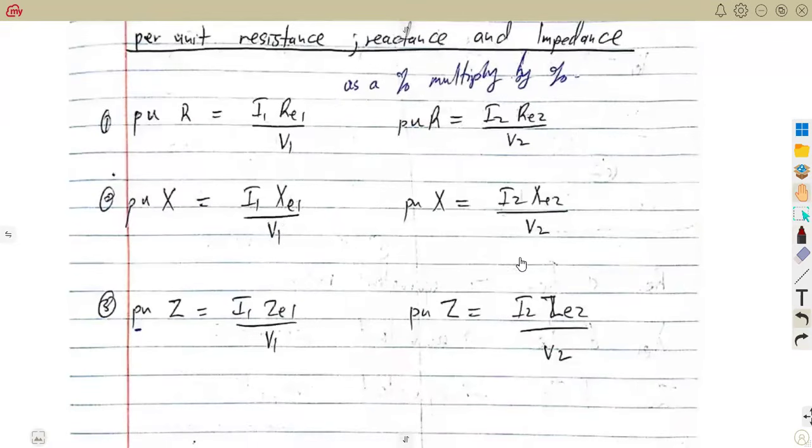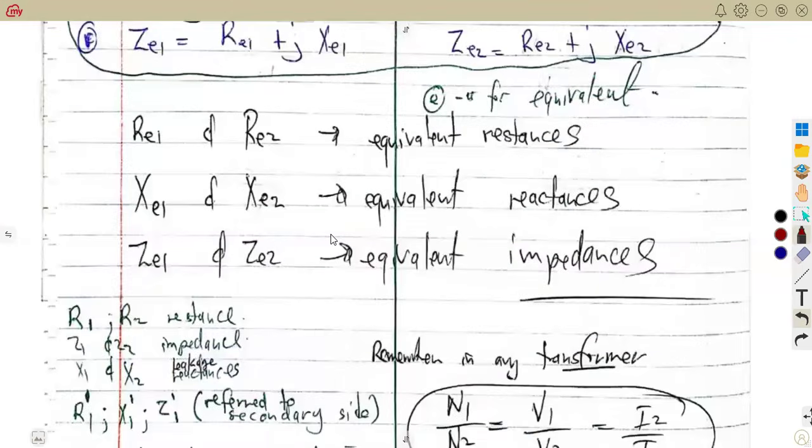In terms of the impedance, I said the per unit impedance can be obtained from this formula, or you can use this formula. It's a per unit value. So when they want you to have it as a percentage, you're simply going to multiply this by what? By 100%. So that is the condition there. From per unit value, you can have the percentage impedance.